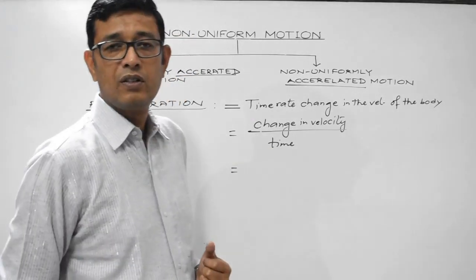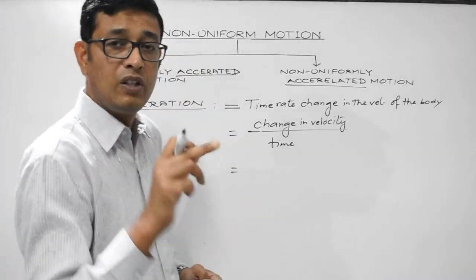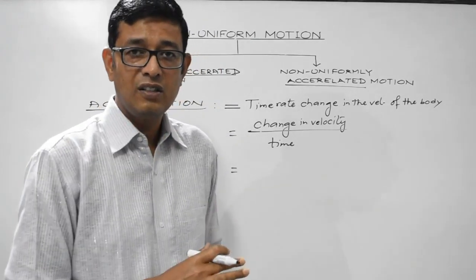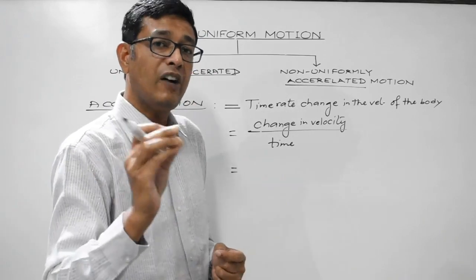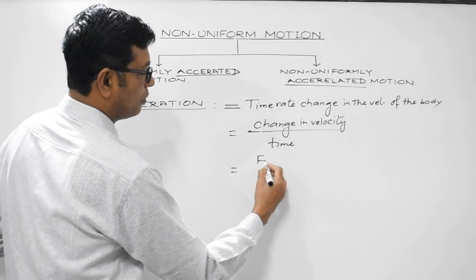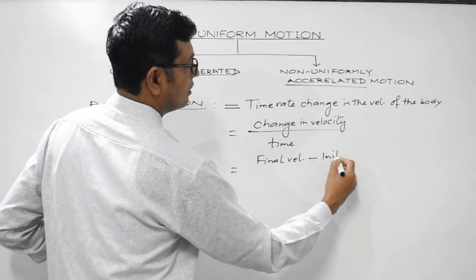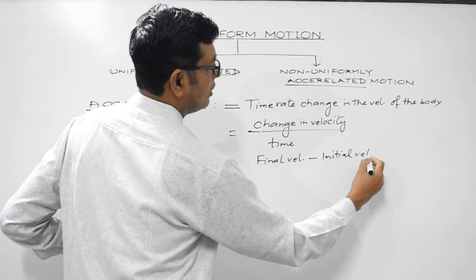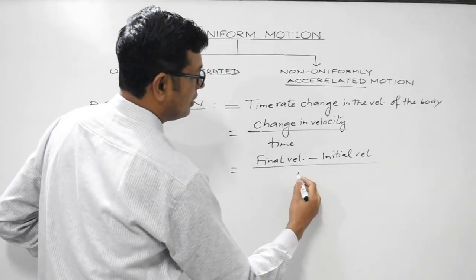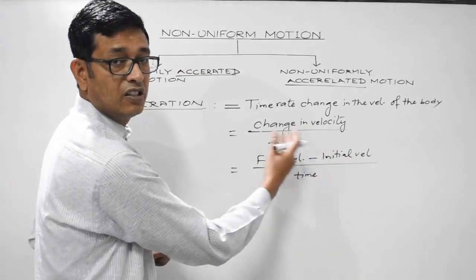So, throughout mechanics, we will be using some notations. U will be the initial velocity, V will be assumed to be the final velocity. So these are the notations I will be using. So change in velocity would be final velocity minus initial velocity divided by the time taken during which the body has changed its velocity from initial value to final value.